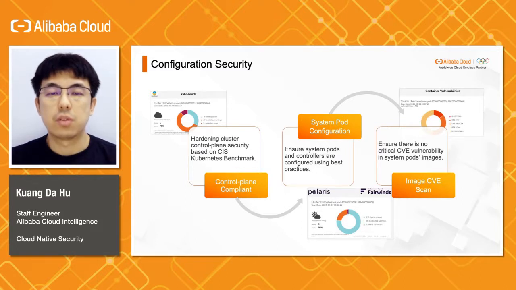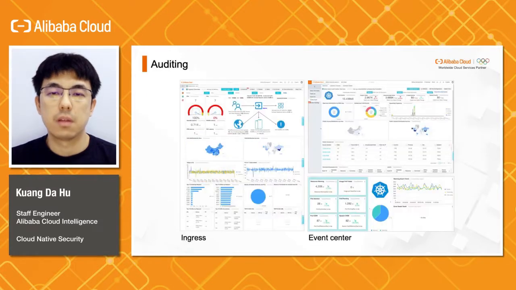In the second step, we will ensure system pods and controllers are configured using best practices, and that there are no critical CVE vulnerabilities in system pod images. All of these security hardening validations are integrated into our daily scanning job.